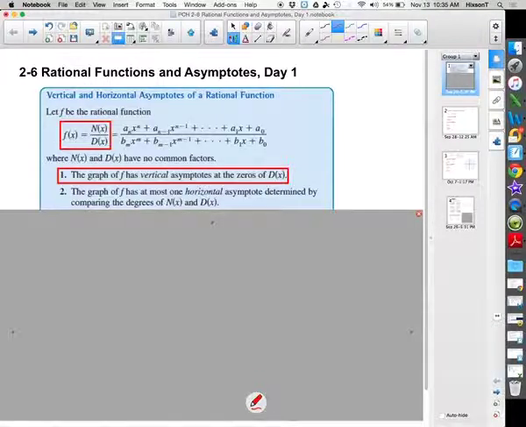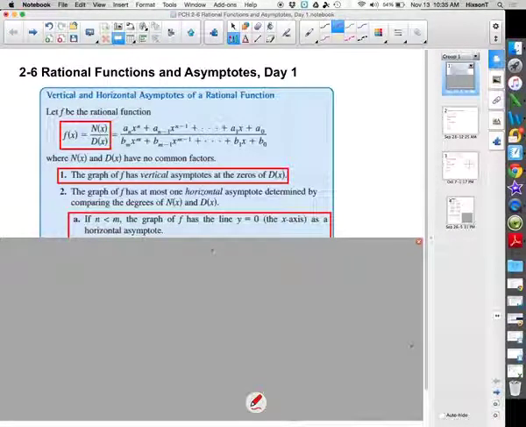So, obviously, there are only three comparisons that we can have. Either n is bigger, m is bigger, or they're equal. And those three cases are what give us the different situations that we can run into for determining what horizontal asymptotes we have. So first of all, let's consider when n is smaller than m.